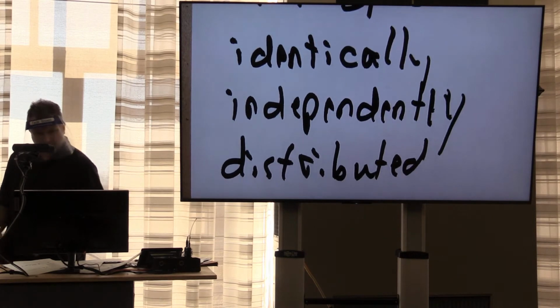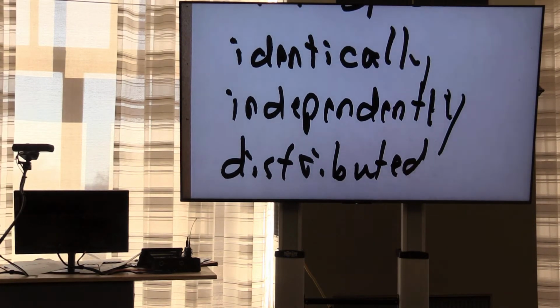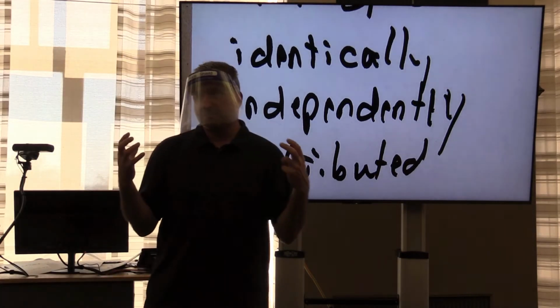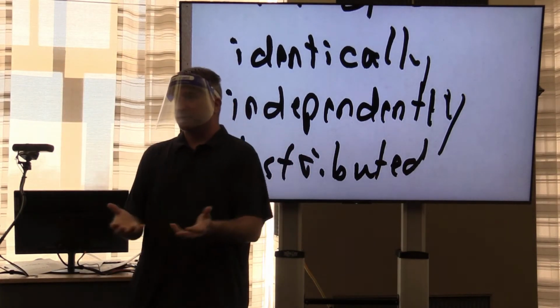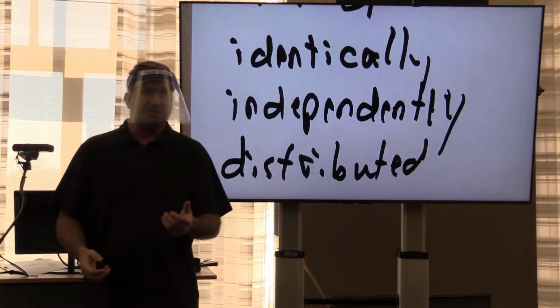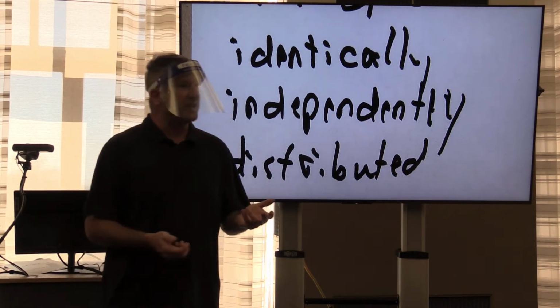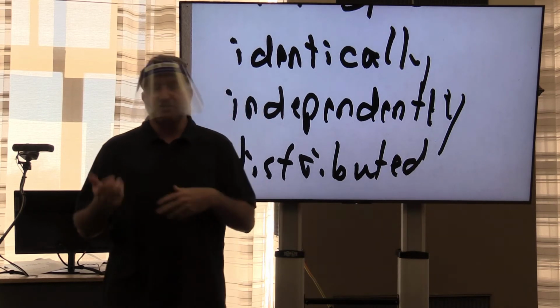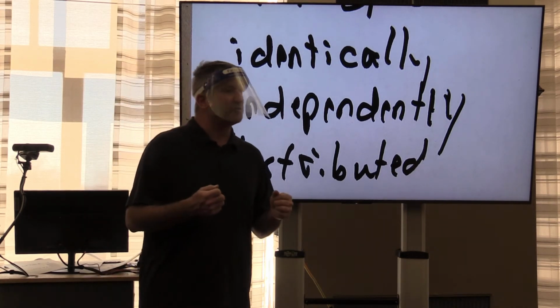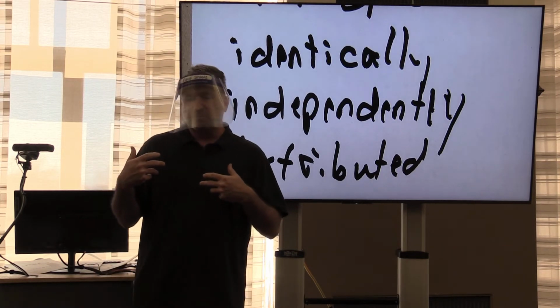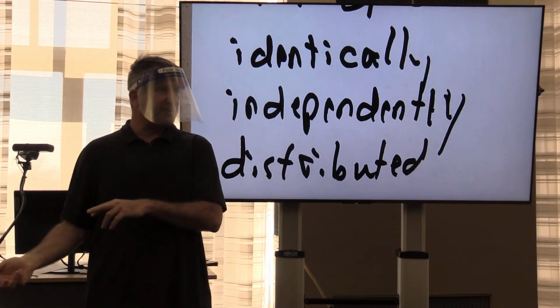So IID means identically, independently distributed. So this means that we have some kind of idea of the pattern of daily demand. And identically means that pattern is the same from one day to the next. So that mean and standard deviation is just as good for describing daily demand, daily needs for chicken base on one day as the next.